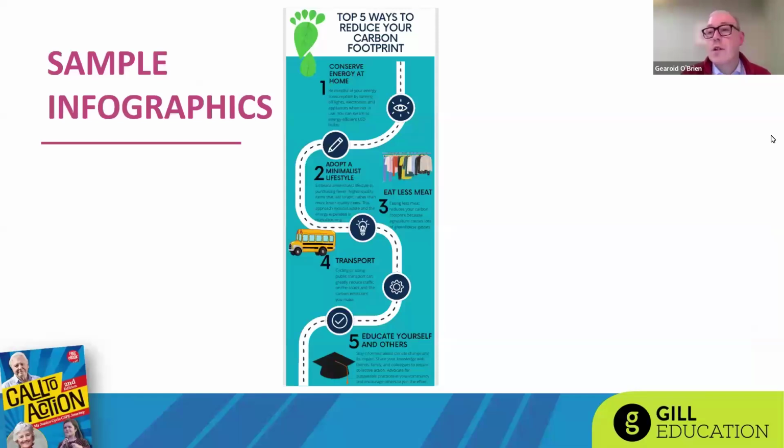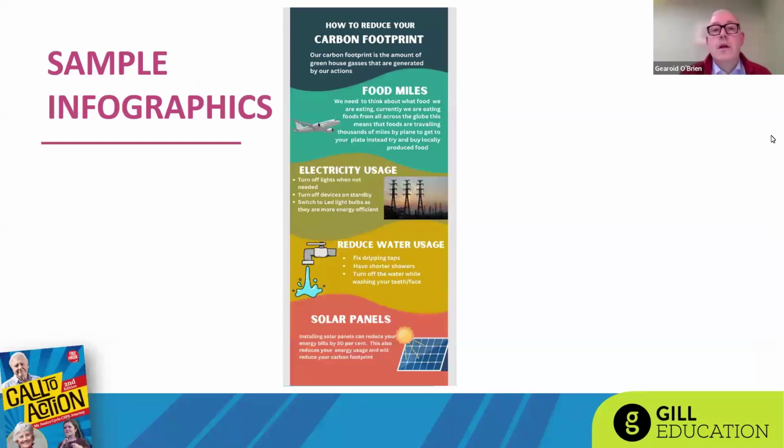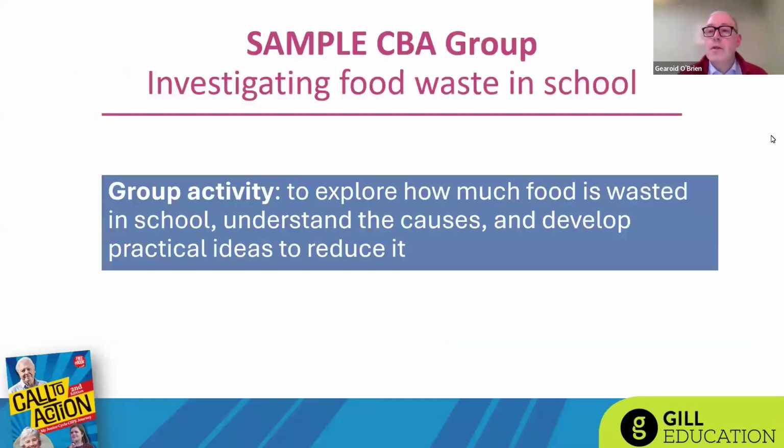They can change every color that's in it. They can add pictures, take away pictures, change the size of the font. It's very, very easy to play around with once they actually get onto it. But what it does produce is something that looks so professional that it could have been produced by an organization. And here's just one other one as well. So that would be the individual one.